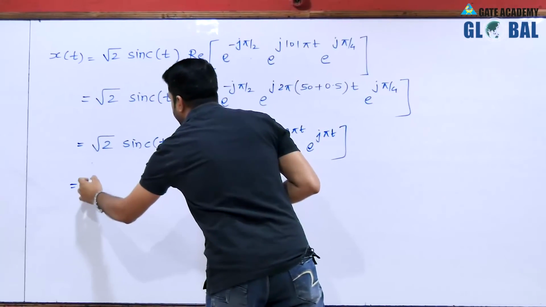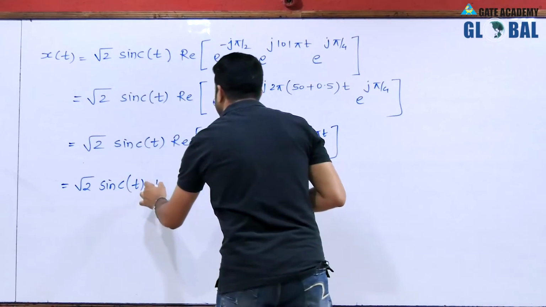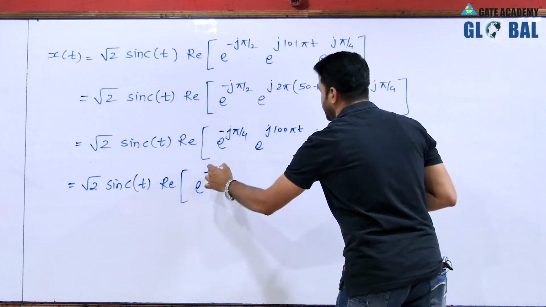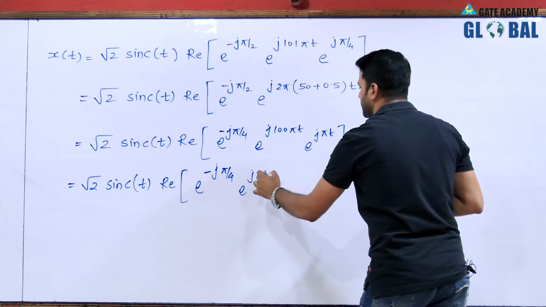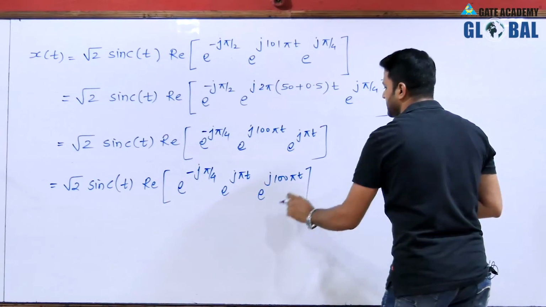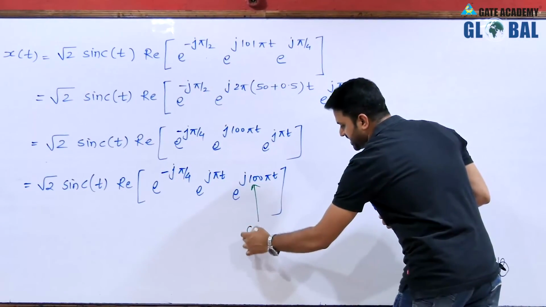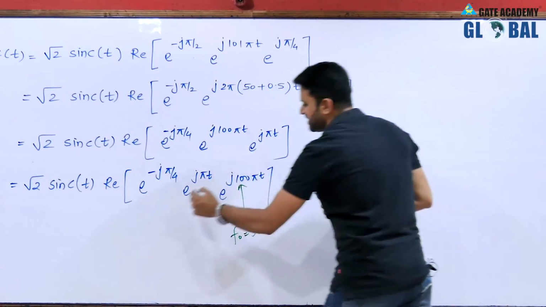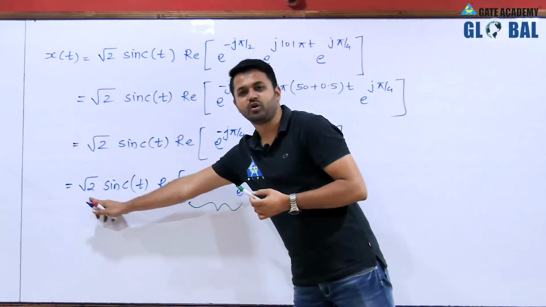Now if we rearrange, we can write it as e to the power minus j pi by 4, e to the power j pi t, and e to the power j 100 pi t. So this is the reference frequency. Here we get the center frequency f0 as 50 hertz. The coefficient of this reference frequency gives the complex envelope, and this term is common.